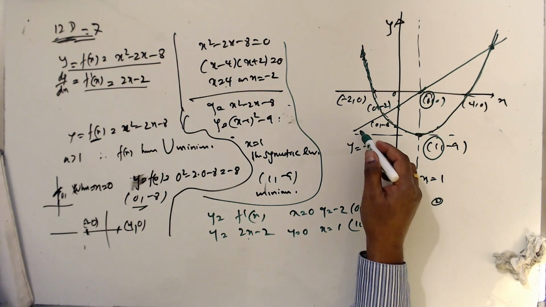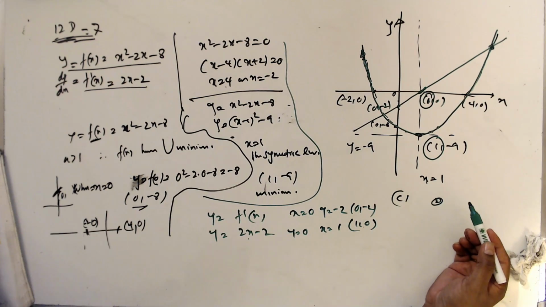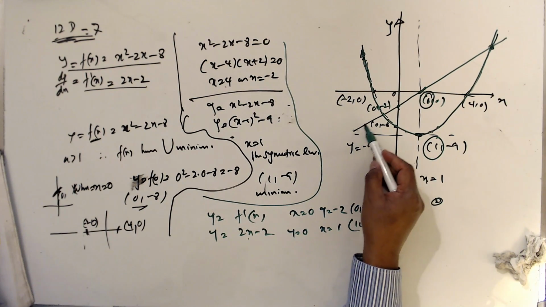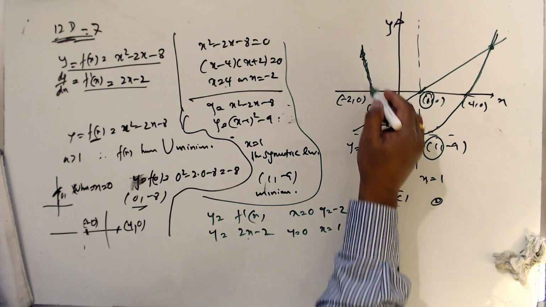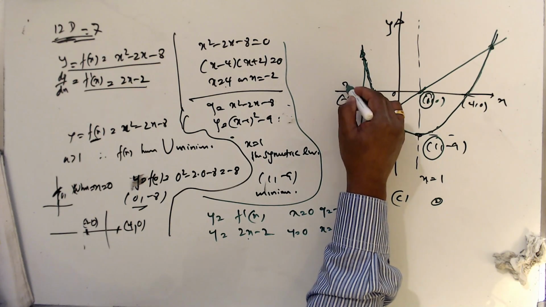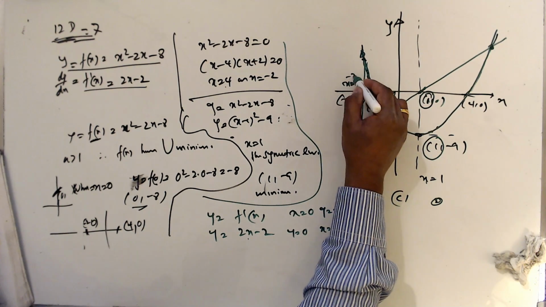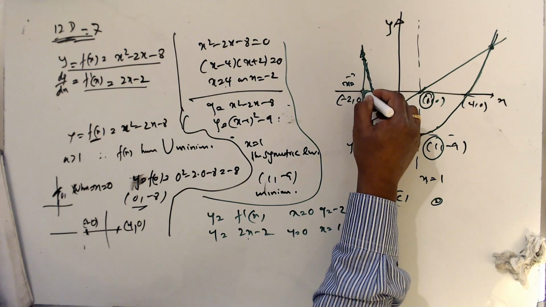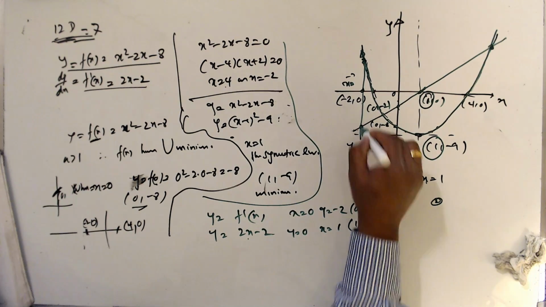Now this line tells about the gradient. So in here it has a gradient. In here it has a gradient. So for this value, if you take x equals minus 2.5 or something, the gradient of this point is this.